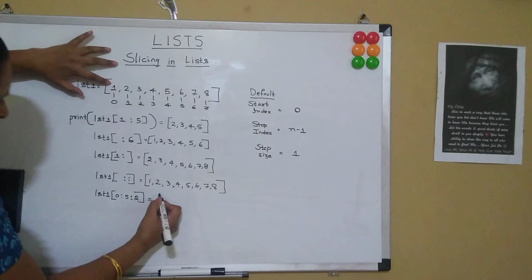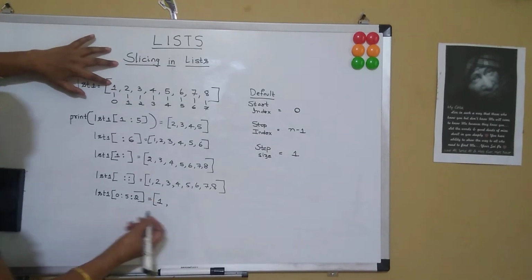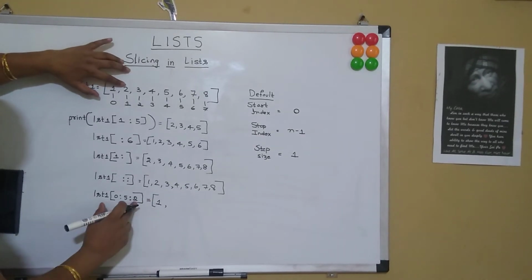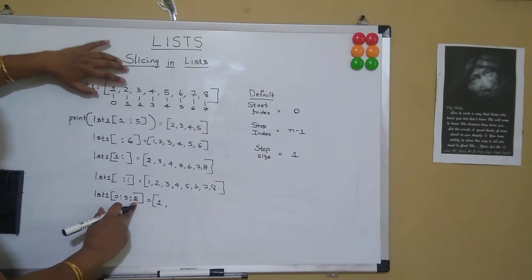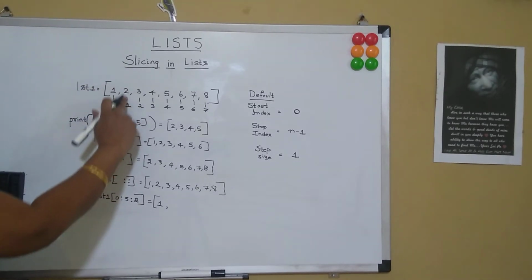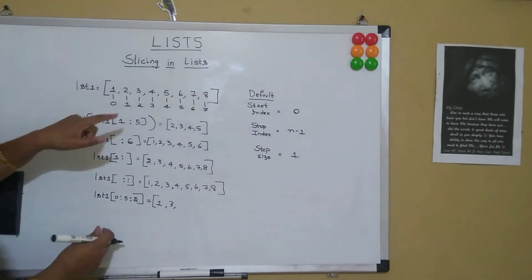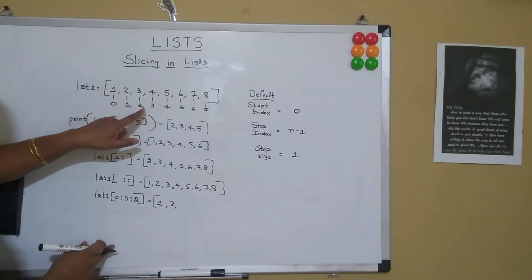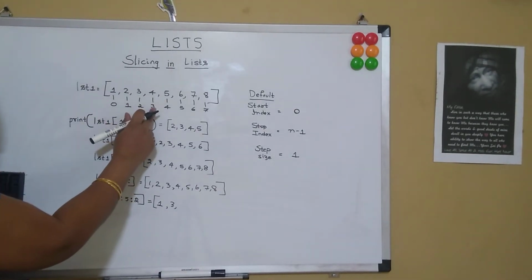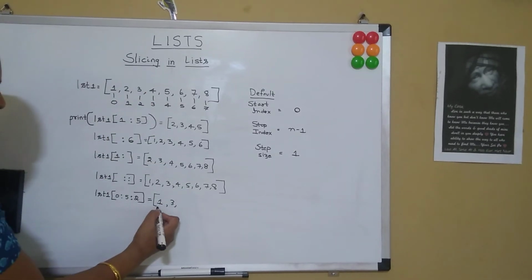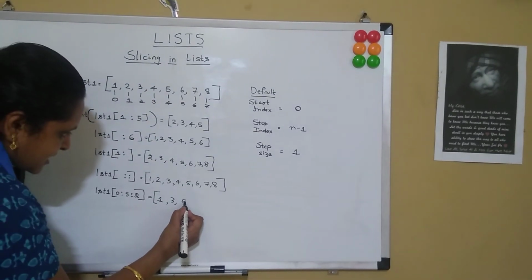So the first element will get printed. It will omit 2 because step size is 2. So it will omit one digit in between. So it will write 3 and then it will omit the third index, that is 4. It will print 1, 3 and then 5.